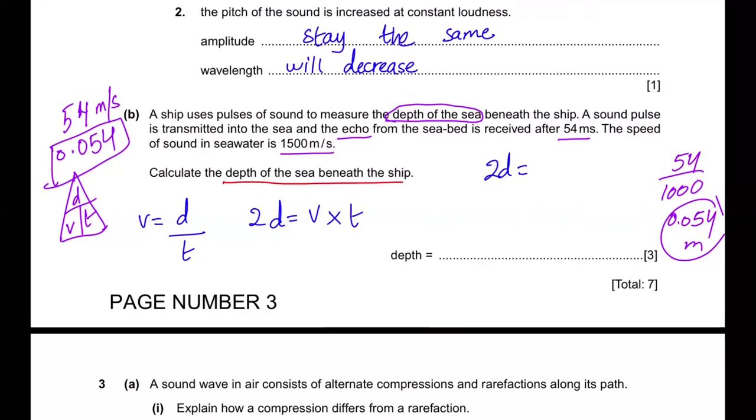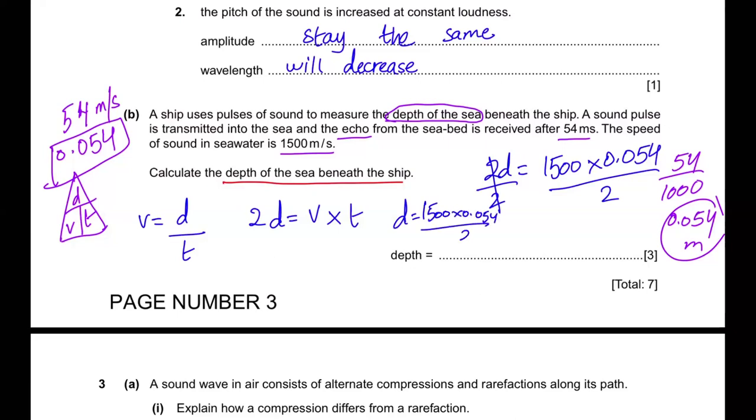So 1500 times 0.054. Now what are you going to do? Now basic math, just divide this by 2. Now solve it. D equals 1500 times 0.054 divided by 2. What's the answer?